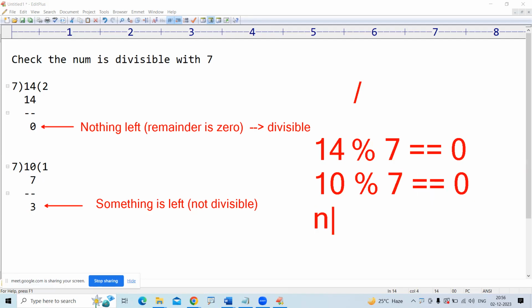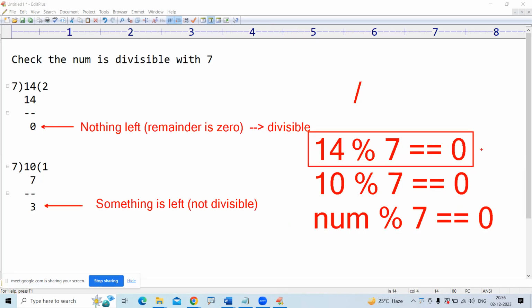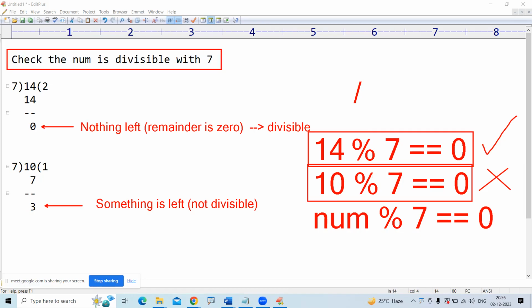Any number mod 7, a very important one, equals 0, yes, it is equal, perfect. If it is not equal to 0, it is not divisible. This is the way we need to write. This is the question they mentioned, and this is the answer we need to specify.